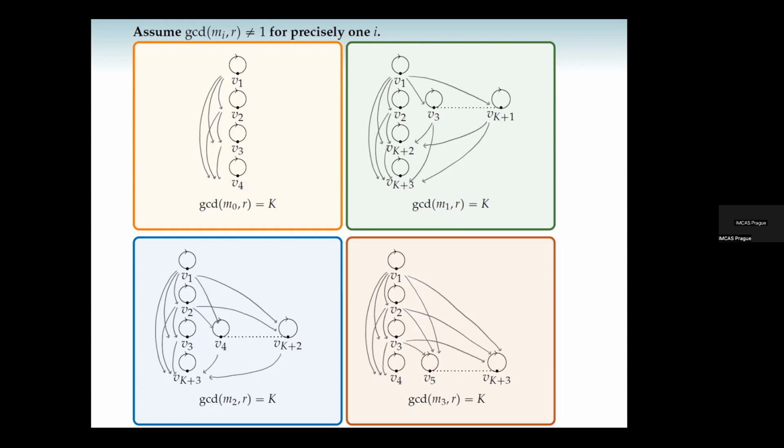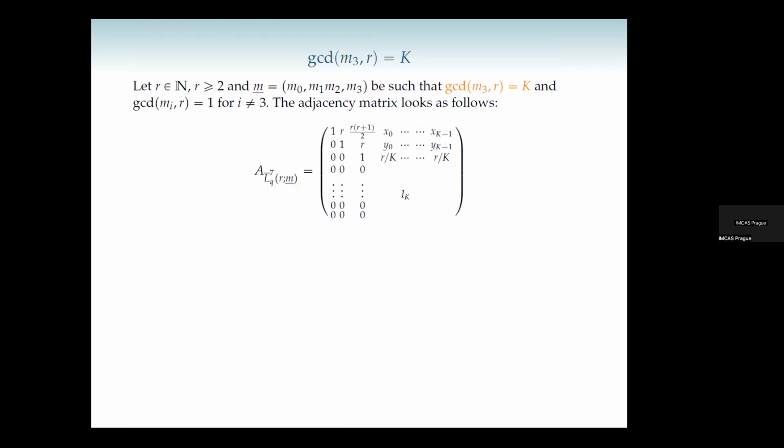So I will take a closer look at this one here, and it's only to give you an idea. I will not go through any calculations, but I will show you how this adjacency matrix looks. So in this case, as I said, the greatest common divisor between M3 and R is some number K. And then the matrix looks like this.